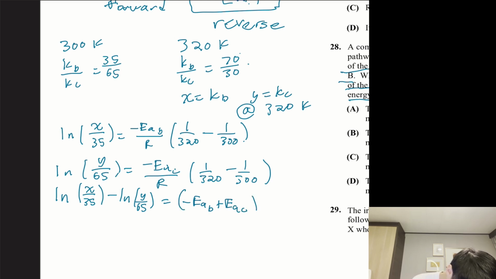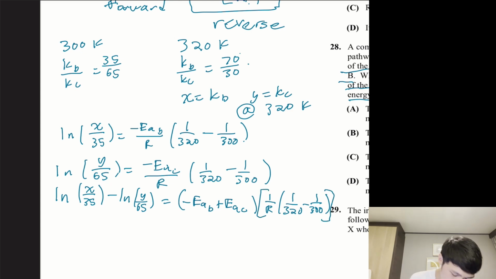I'm just going to do some algebra here, times 1 over R times 1 over 320 minus 1 over 300. So I just factored out this bunch right here from these two. If you do the subtraction, you'll see what I'm talking about. And then I'm going to use my log rules to get the natural log of 65x over 35y.